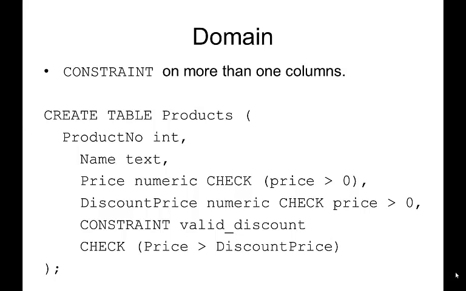But anyway, we've got the original check, the price is greater than 0. Sorry, this should be discount price, numeric, check, discount price greater than 0.